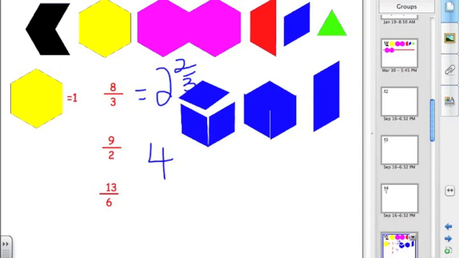Good. So every whole needs 2 halves, and I have 4 sets of 2 halves, so I can make 4 wholes. And then I have 1 lonely little half left over. So I have 4 and a half.